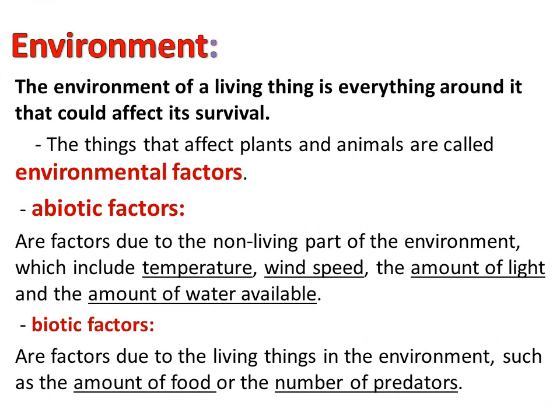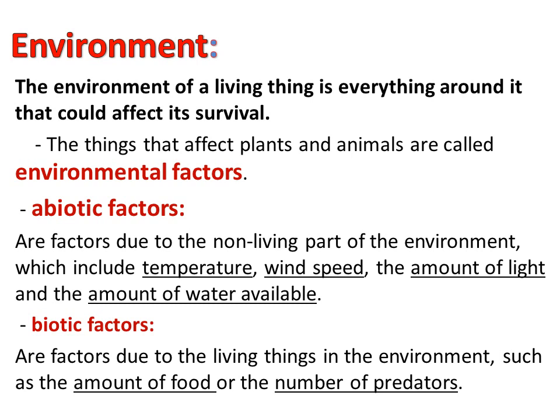Before we continue, you have another example of a community of living things that share the same habitat, which is the seashore habitat. You can see it in your study book, page 67, figure 5.1.